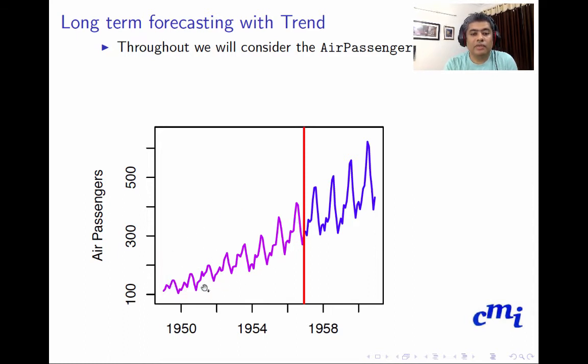We will fit our model with only this data, and then we will try to forecast from 1957 to 1961, these 4 years, and check how good our forecast is. We will forecast using both the long-term and the short-term strategy.